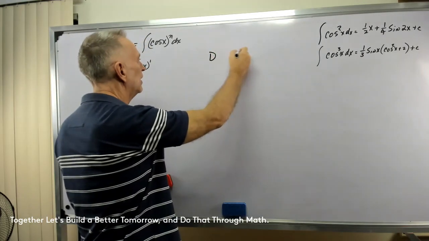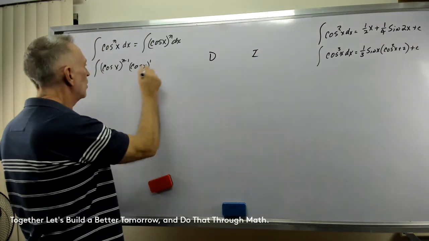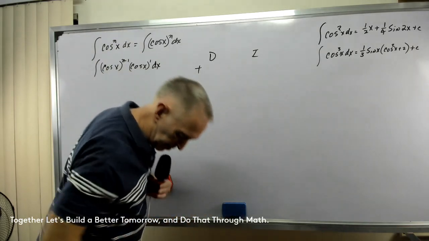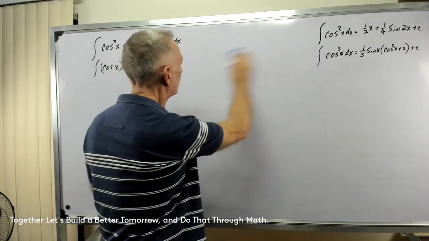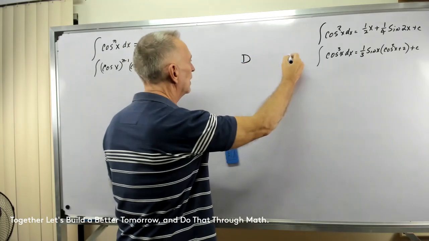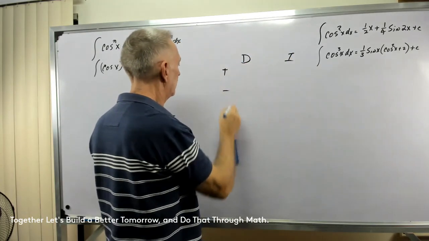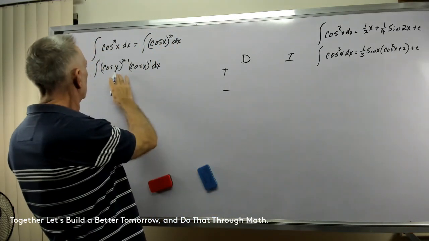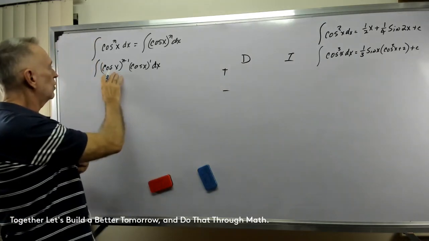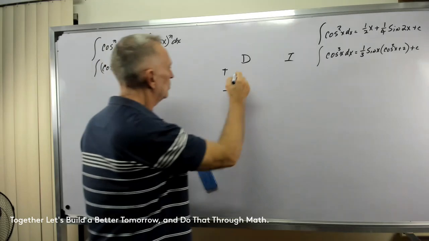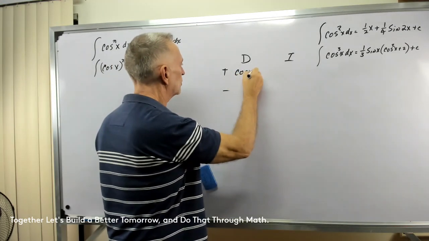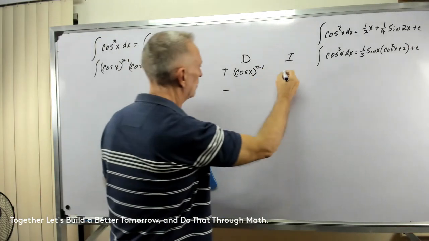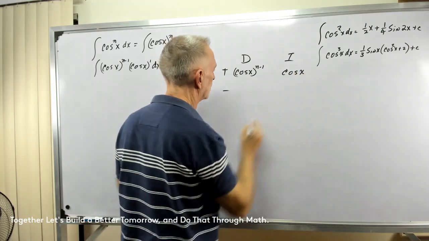So now let's do integration by parts on this. Okay, so we have positive, negative, derivative, integral, plus, negative. All right, so what are we going to put in here? Let's take the derivative of cosine x to the n minus 1, and we're going to integrate cosine raised to the first power, just cosine x.